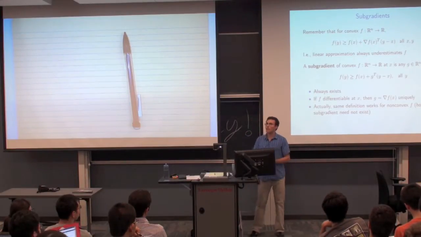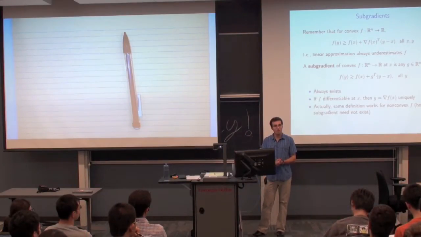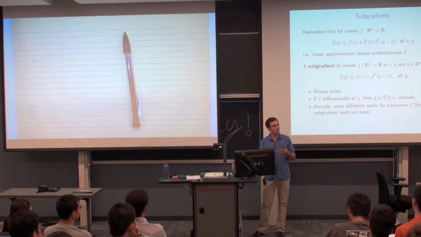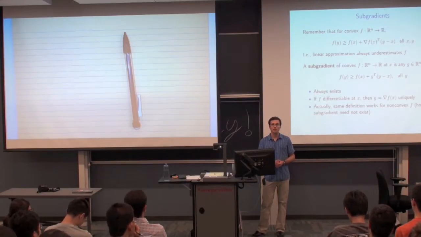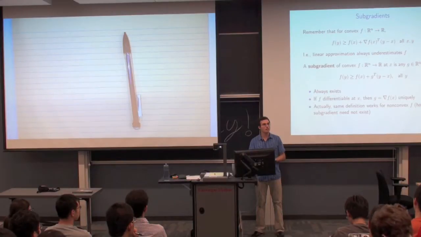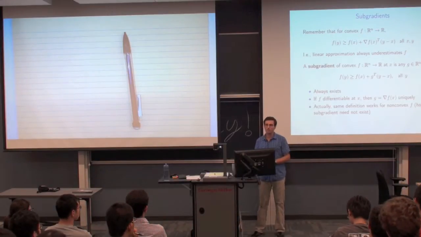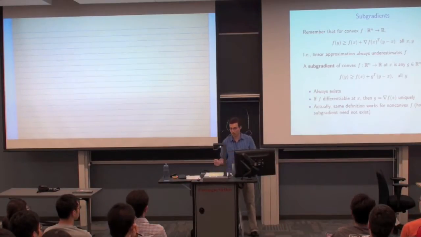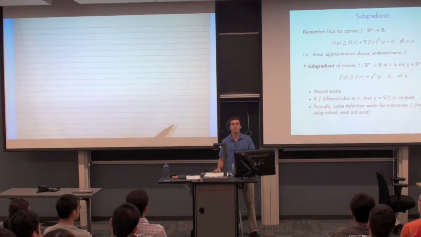Another property is that the same definition works for non-convex f. If we have a non-convex function, we can still talk about its subgradients, and some of the things that we talk about will still be true, but we don't know that it's always going to exist. So what's an example of a function that's differentiable but not convex and doesn't have a subgradient? Can you guys think of one? Yeah, that's a good example. Any concave function, right?